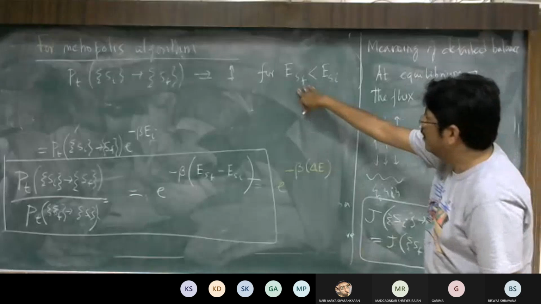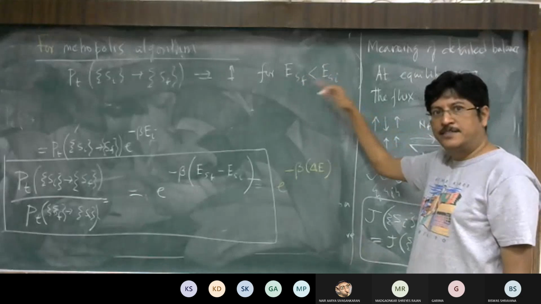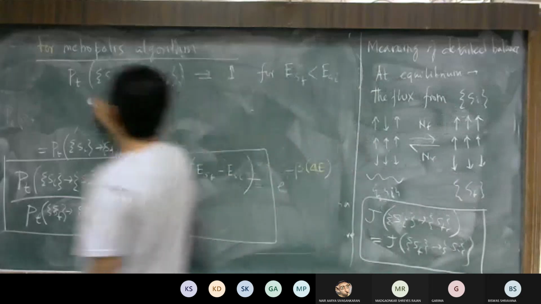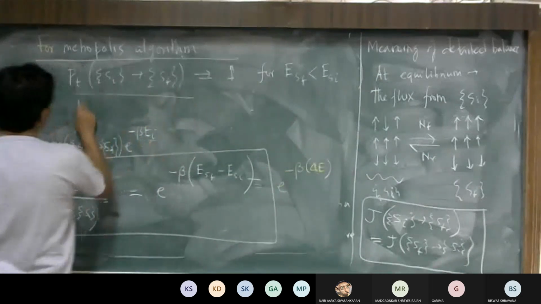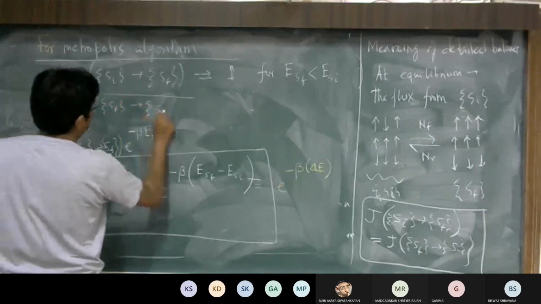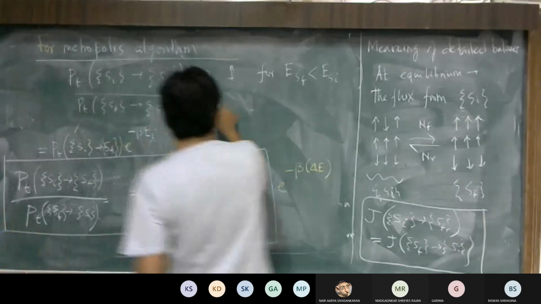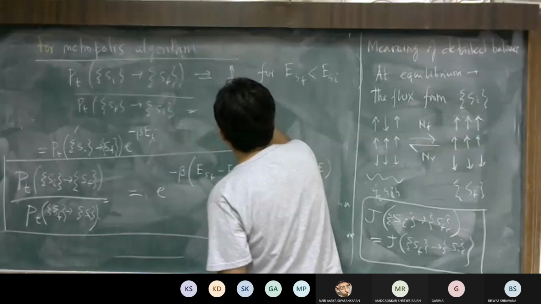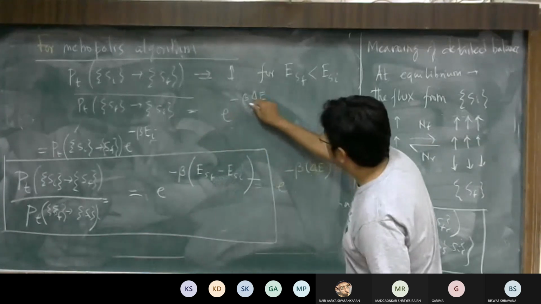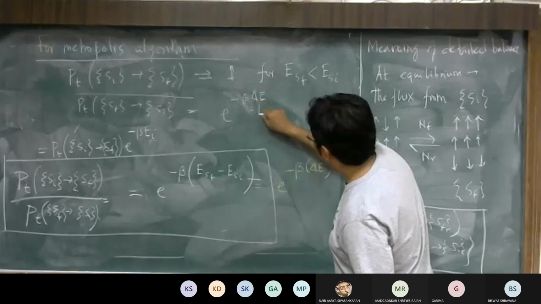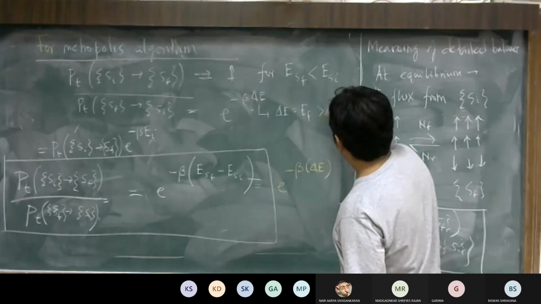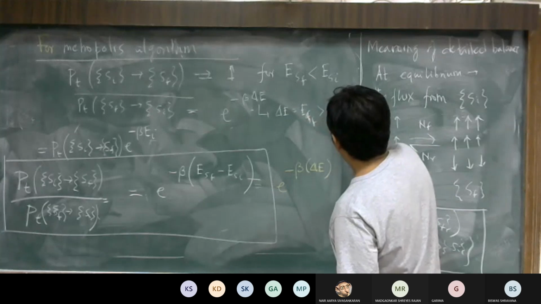As long as the final configuration's energy is less than ESI, you are accepting this move. And similarly, for the reverse transformation from SF to SI, you were allowing that move to happen with a probability of e to the power of minus beta delta E whenever ESF was greater than ESI.